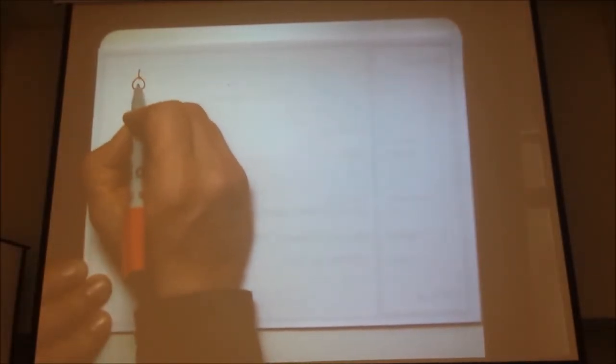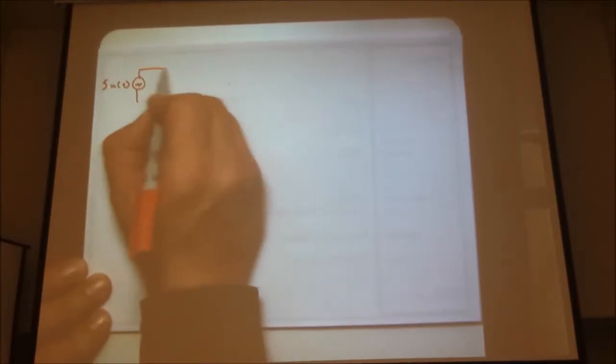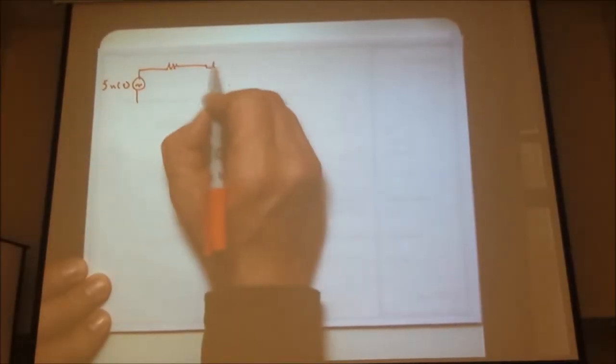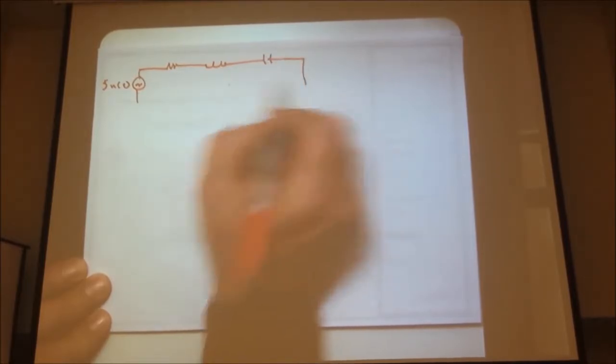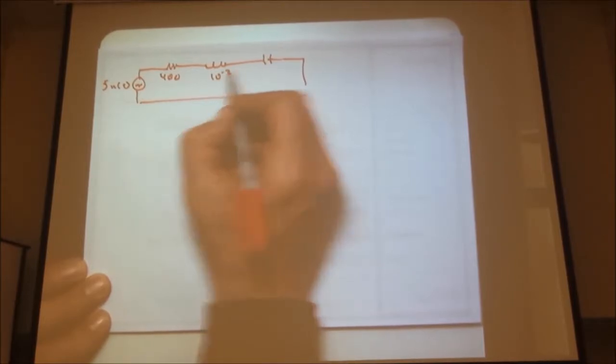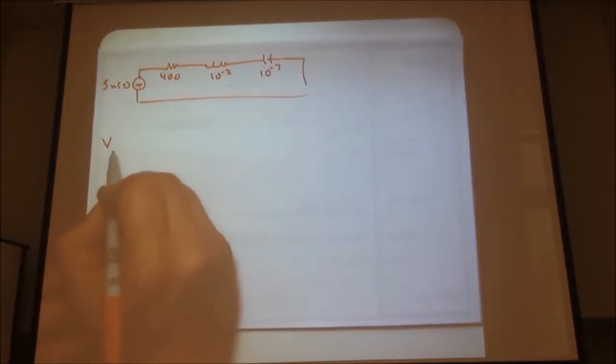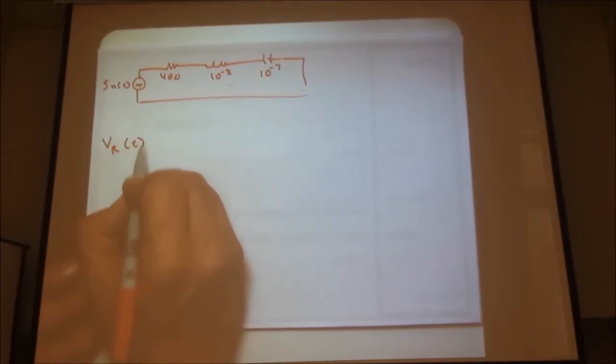Now to go back to the question I asked earlier, if we look at either of these circuits, 5u(t), it doesn't matter which one. We can do this one. Well, what about VR as a function of t?